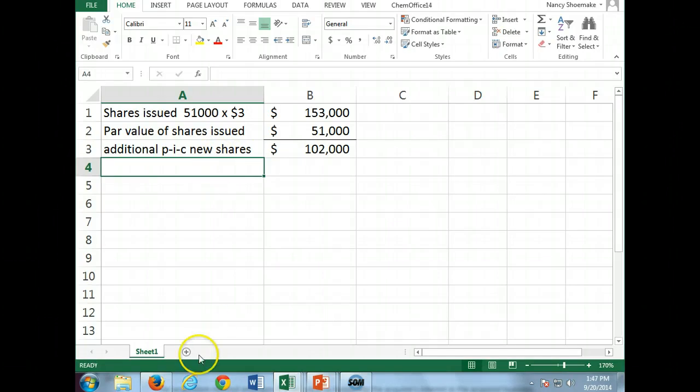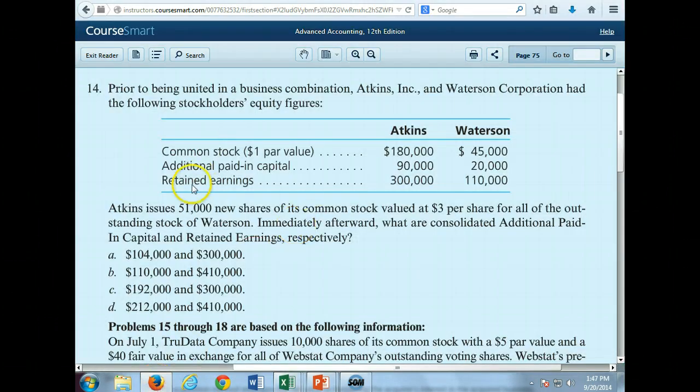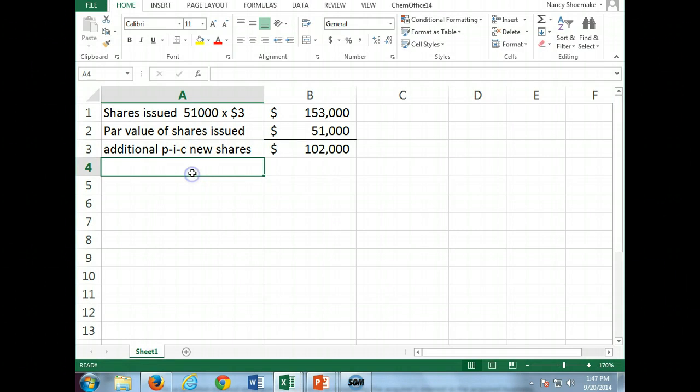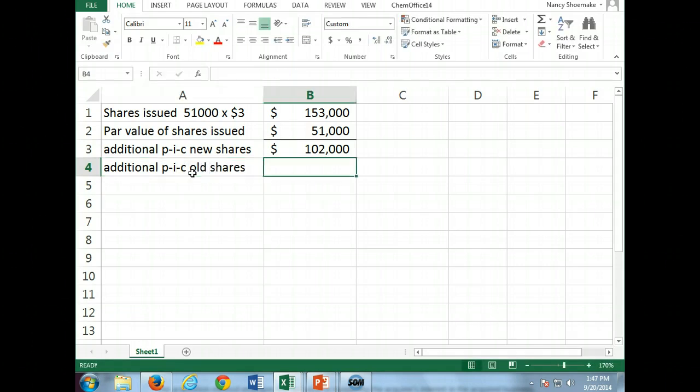Then we want to take into account Atkins shows additional paid-in capital prior to this consolidation is 90,000. So we'll take the original additional paid-in capital on old shares, which was 90,000.